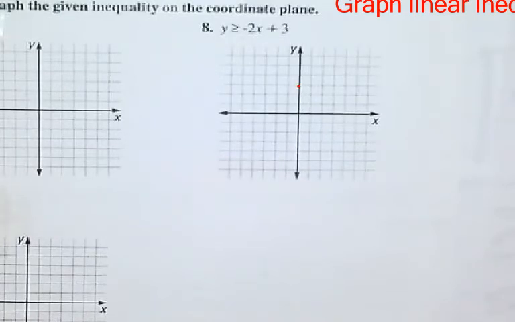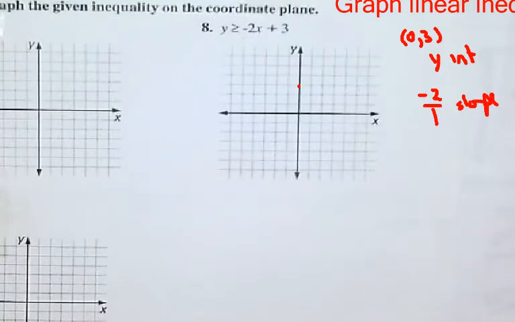Right? The number here is the y-intercept. So 0, 3 is the y-intercept. So that's always the starting place. And then -2 is the slope. -2 over 1, that's the slope, right?